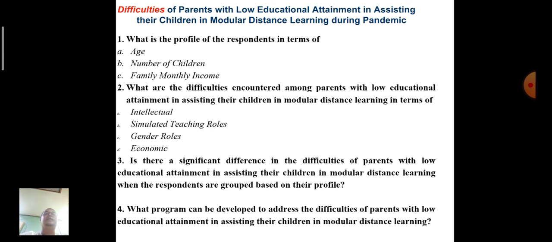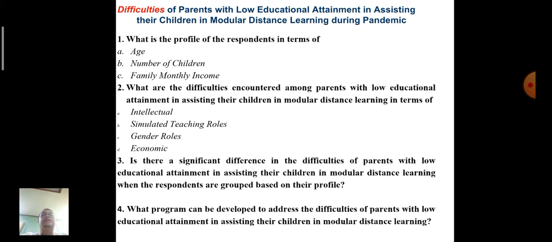For example, in age, it wants to find out if the respondents with age 21 to 36 in group A and 37 and older in group B, what is the response of those 21 to 36 years old, and what is the response of those aged 37 or older? Do they have similar opinions or responses, or do they have significant differences in terms of the response to the research question?